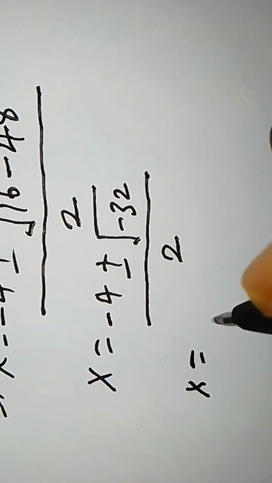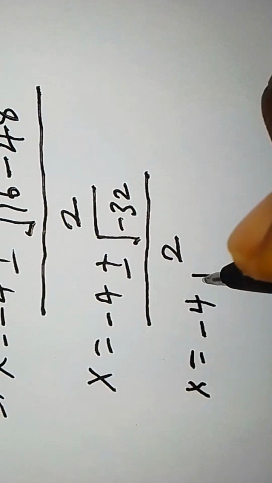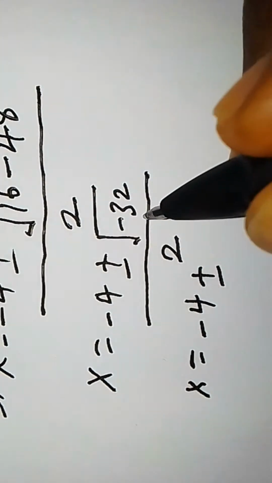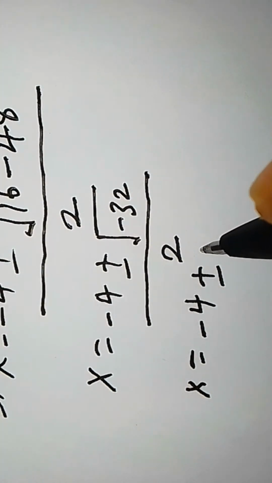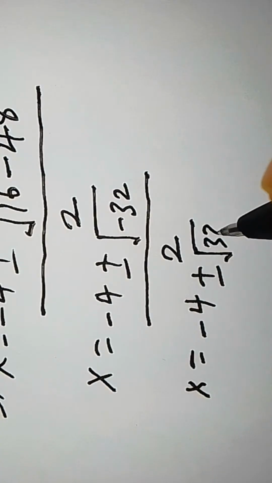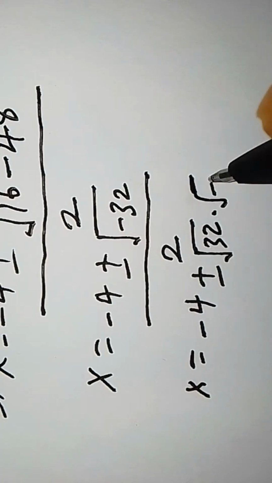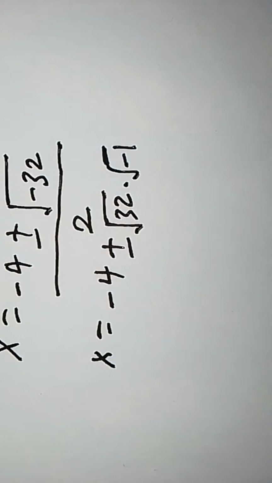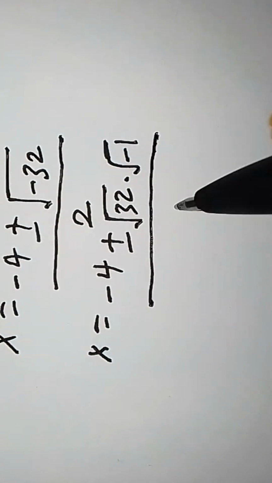x is equal to minus 4 plus or minus square root of minus 32 could be written as square root of 32 times square root of negative 1, divided by 2.